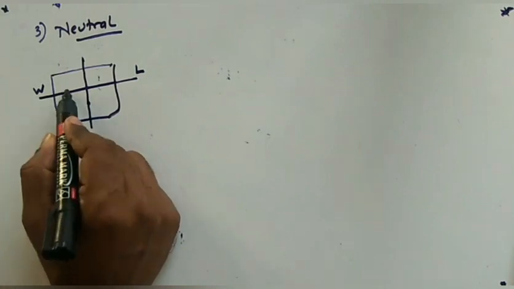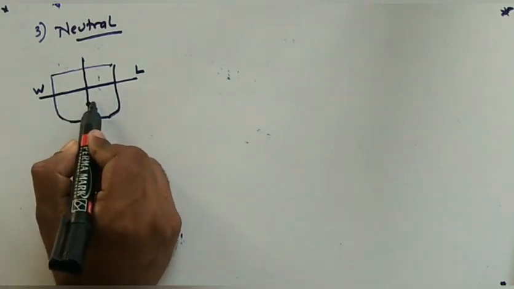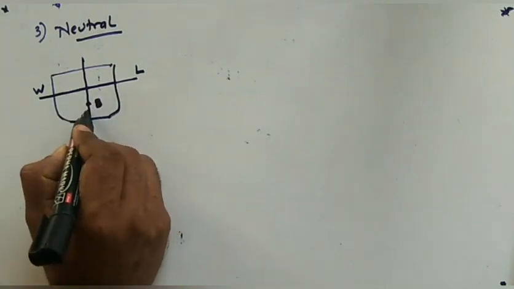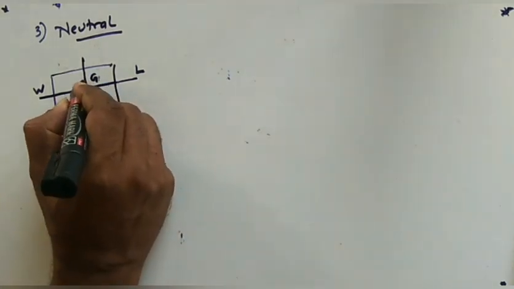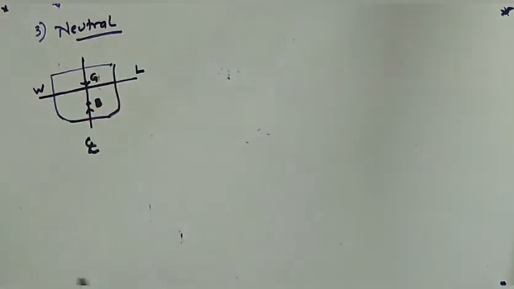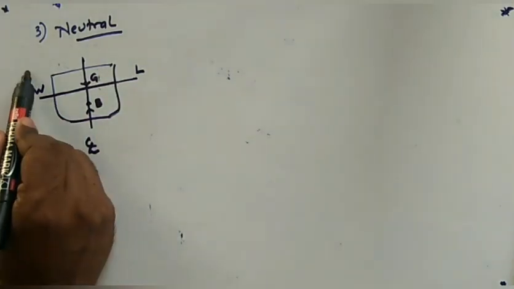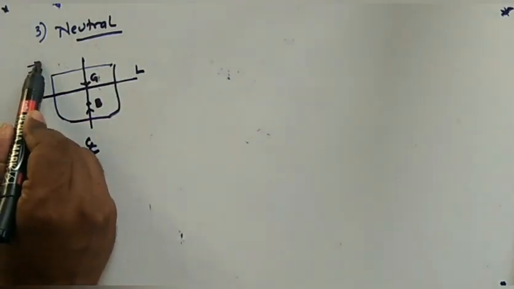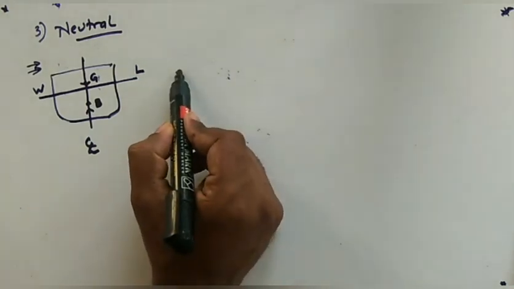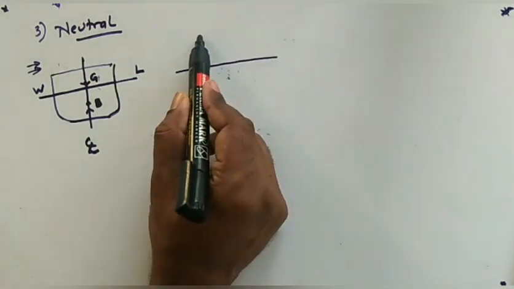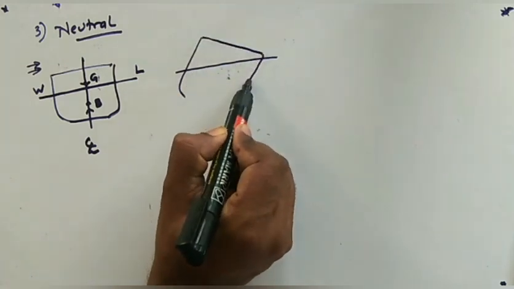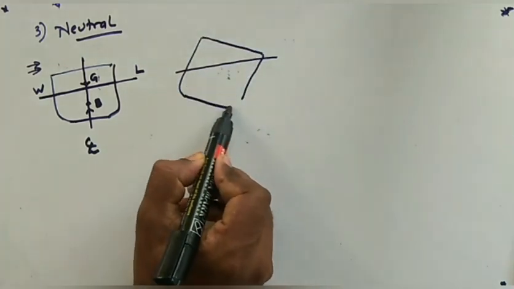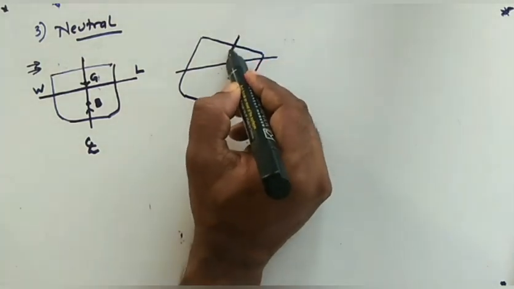This is the total underwater volume. So this point is the center of buoyancy B acting vertically upwards, and I am showing the center of gravity somewhere over here acting vertically downwards. Now some external forces act on my ship. So my ship will heel or incline with some angle. Right? So this is my center line.